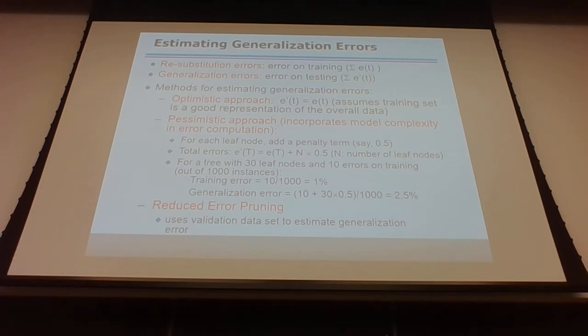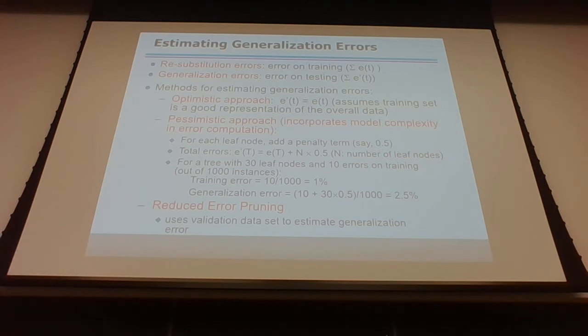So there are two approaches, optimistic approach and pessimistic approach. The optimistic approach says that the training data set is the same as the test data set, it has the same distribution. So whatever error I have in the training data set, that is the error in the test data set. And then there is a pessimistic approach, which incorporates model complexity. It says that the error is whatever error is there in the training data set plus model complexity error. What is model complexity error?